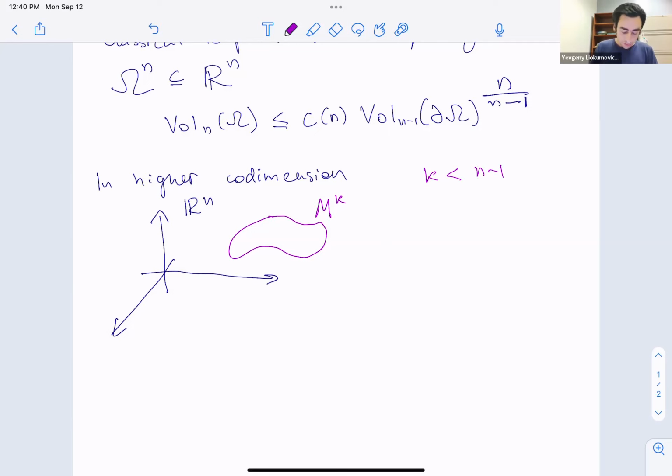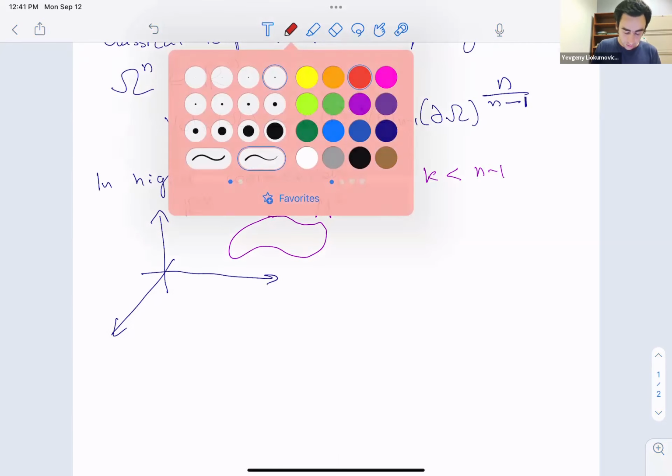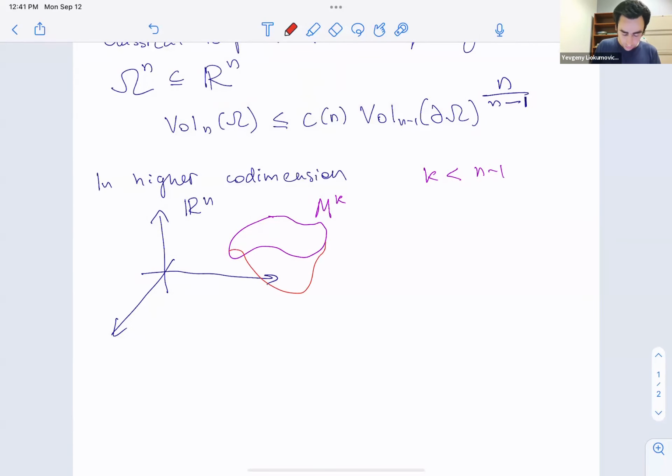Okay, so the first thing that we notice is that M admits infinitely many different fillings, unlike the boundary of an open set in R^n. So here we could have a filling like that. We could have a different filling with many fingers.